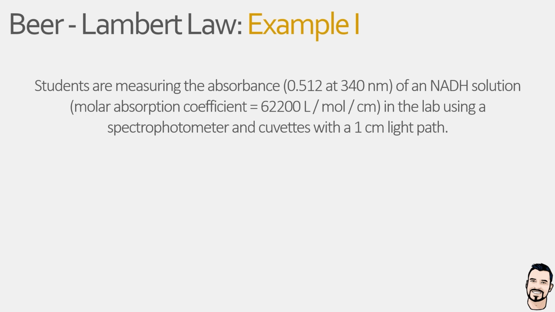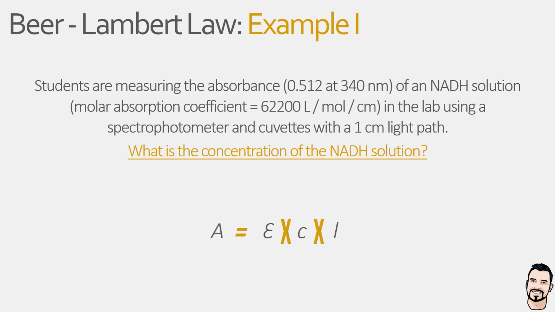After measuring the absorbance, the student wants to know what is the concentration of the NADH solution. And so in order to do this, we need to bring up our equation and rearrange it to find C, giving us C is equal to A divided by epsilon times L.